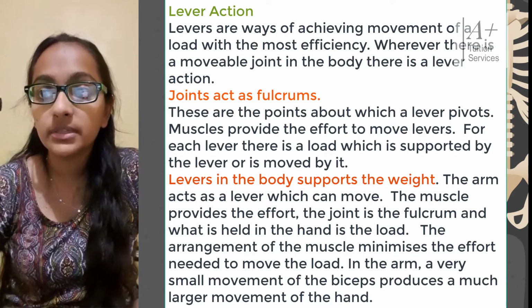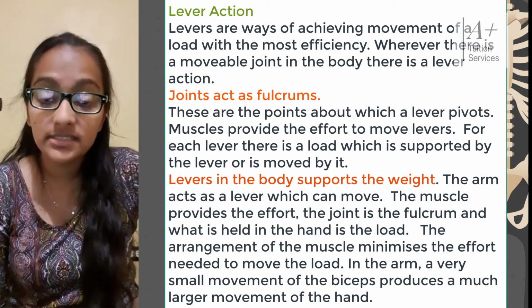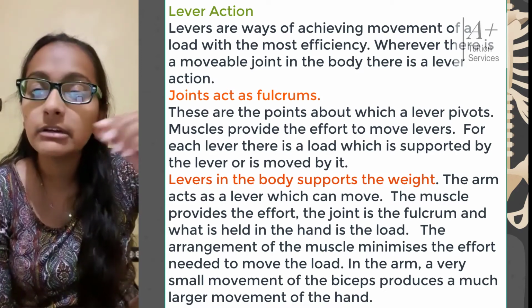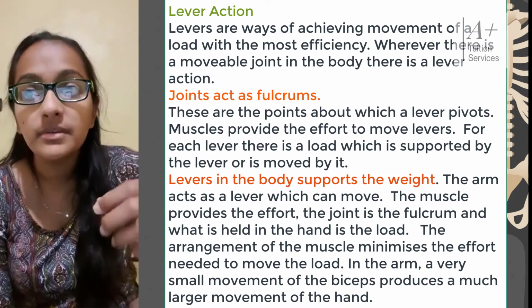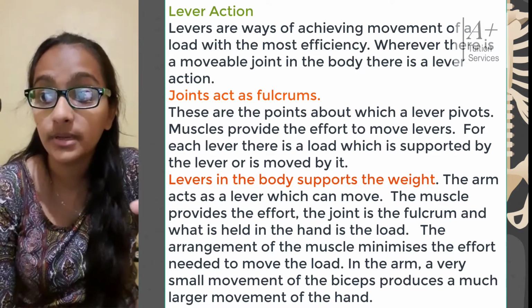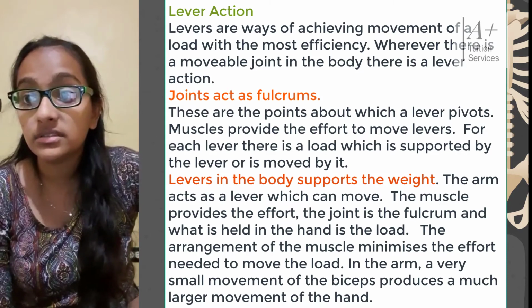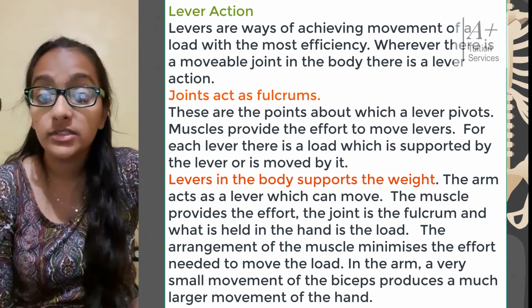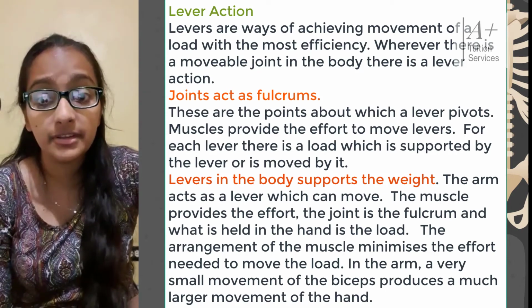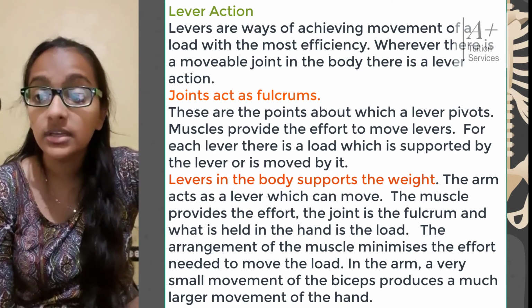So the arrangement of the muscle minimizes the effort needed to move the load. In the arm, a very small movement of the bicep muscles produces a bigger or larger movement on the hand itself. So lever action is very important for bodily function.